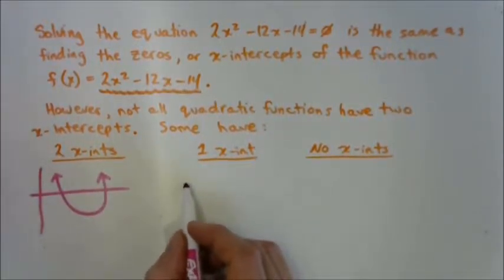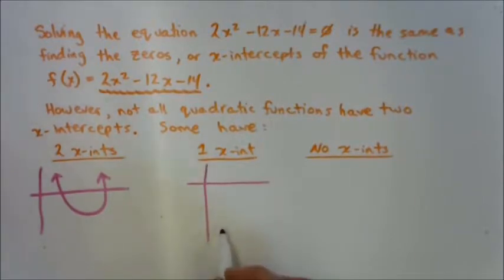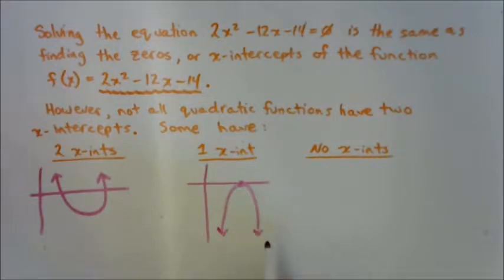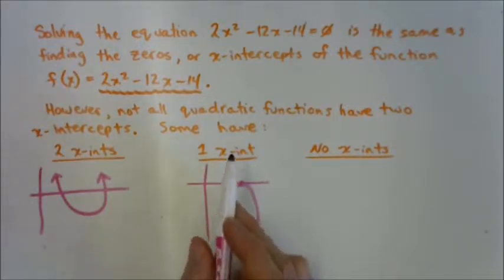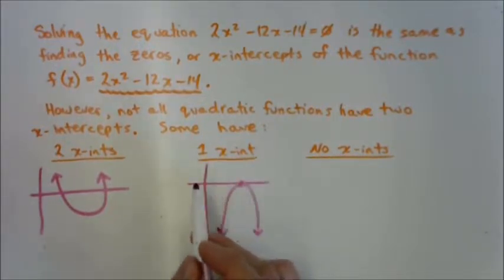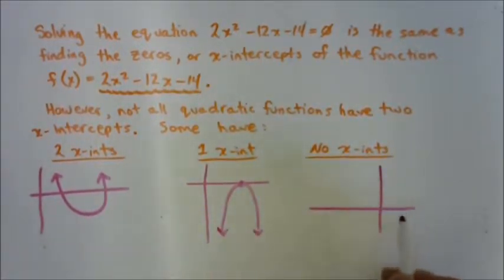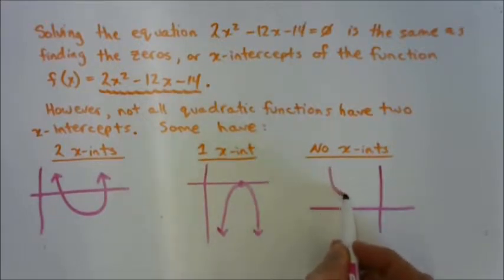One x-intercept, however, means that the vertex is on the x-axis. This parabola is just going to touch in one spot and then go back down. Or it might open up, but either way the vertex is on the x-axis. This has one x-intercept. And the last option is no x-intercepts.